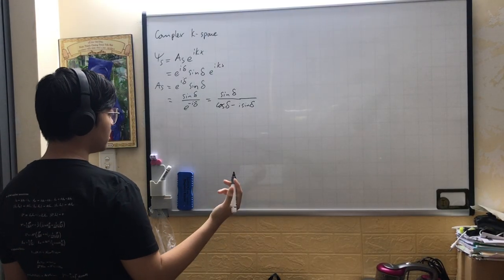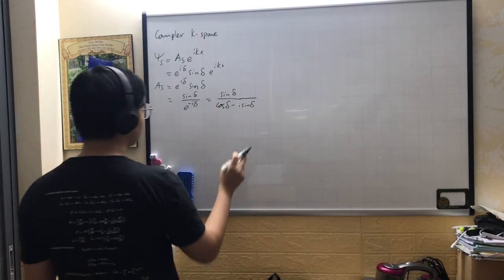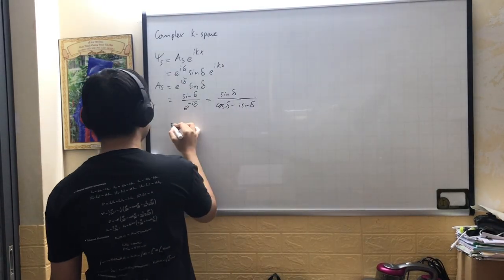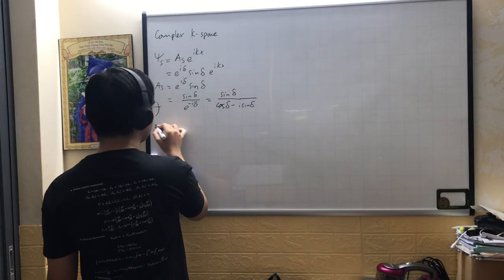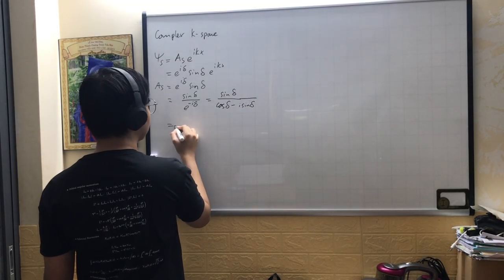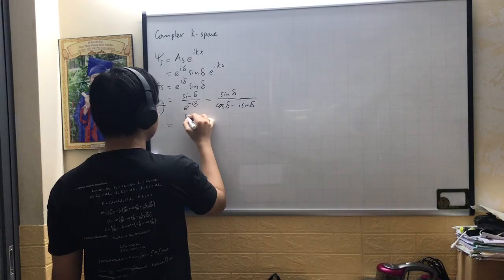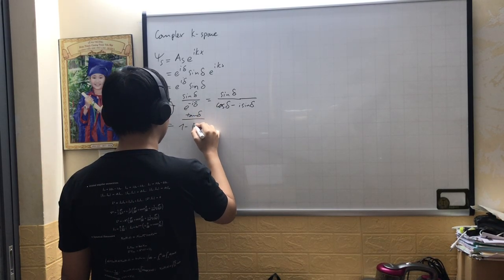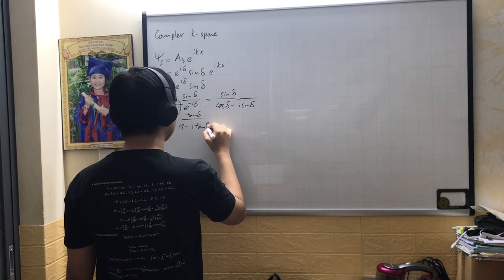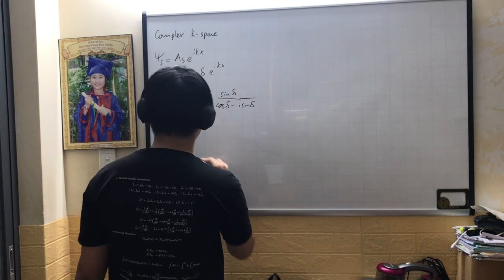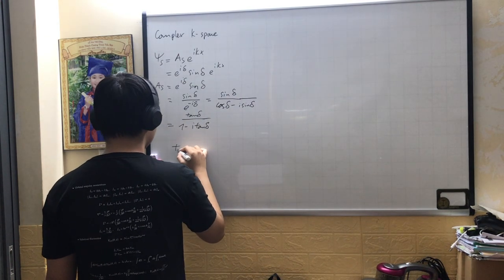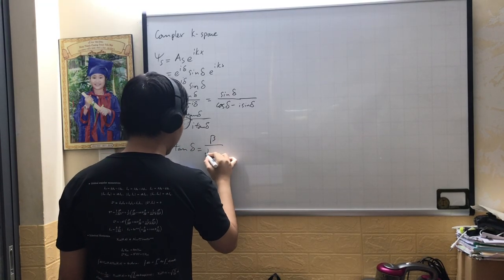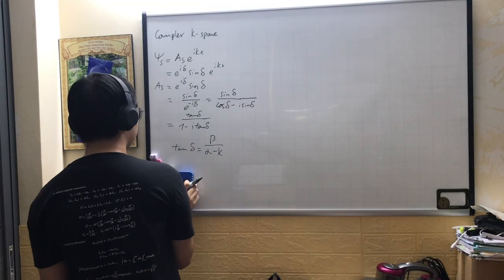Now we're going to divide it by cosine to get our tangent delta. So from there, you rewrite this as tan δ over 1 minus i tan δ. And remember from last video, tan δ is equal to β over α minus k.